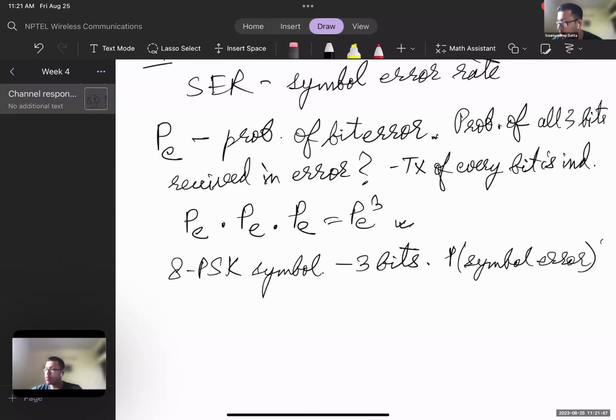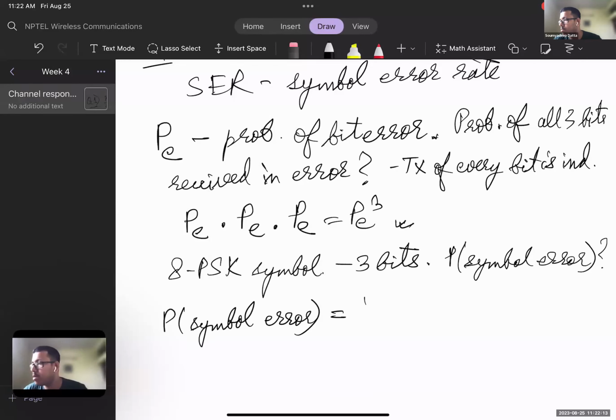So this question is different. How? Because for the symbol to be in error, I don't necessarily need to have all 3 bits in error. Even if one of the 3 bits is in error, it means my symbol is in error. So a better way to approach this is the 1 minus approach. That makes it a lot neater.